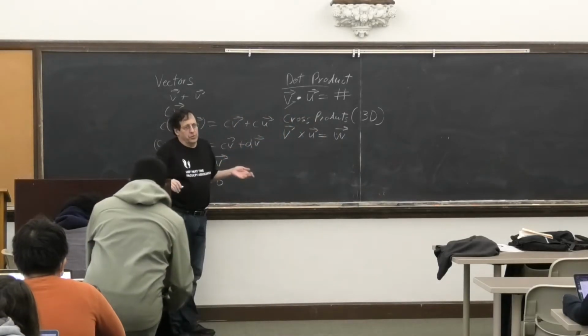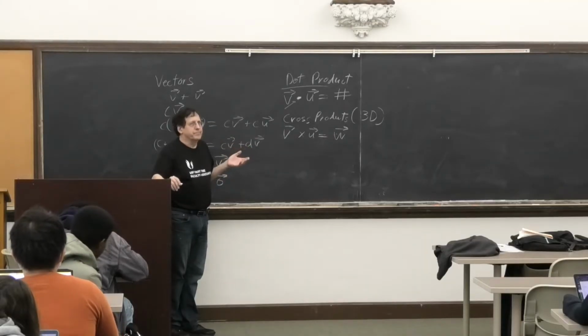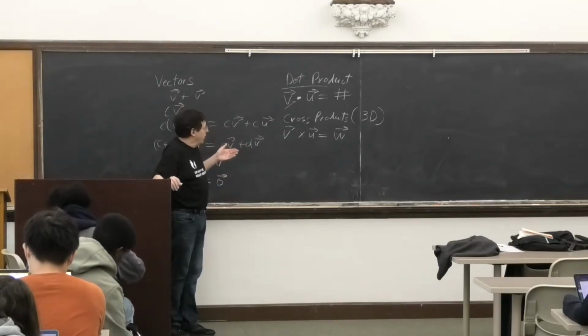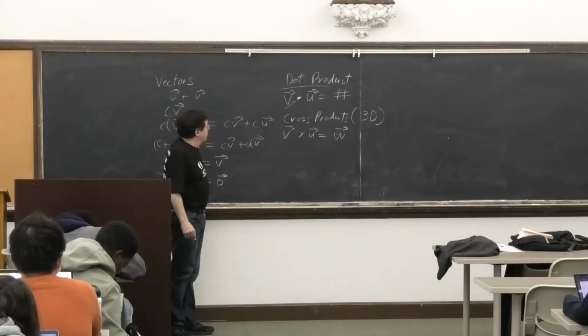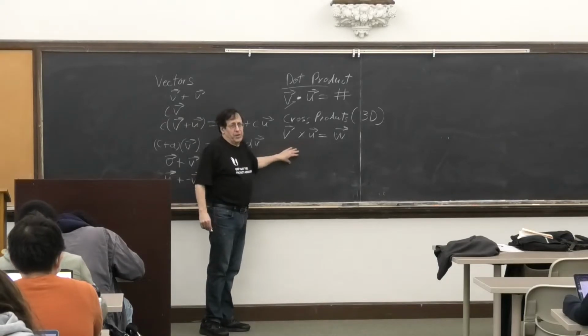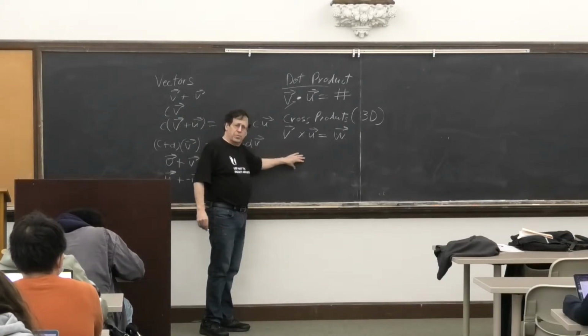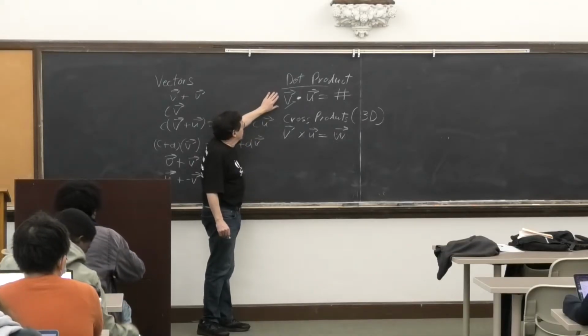They don't exist in 2 dimensions, and there's a definition you can extend into 4 or higher dimensions, but it's different. These are really important in physics. If you're a physics major, maybe we'll get to it a little bit. Maybe you've seen it before. But mainly, I want to talk about the dot product.